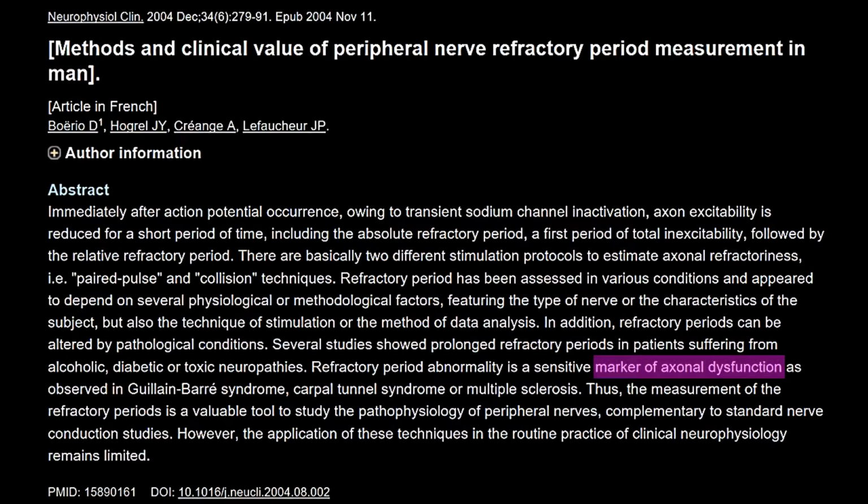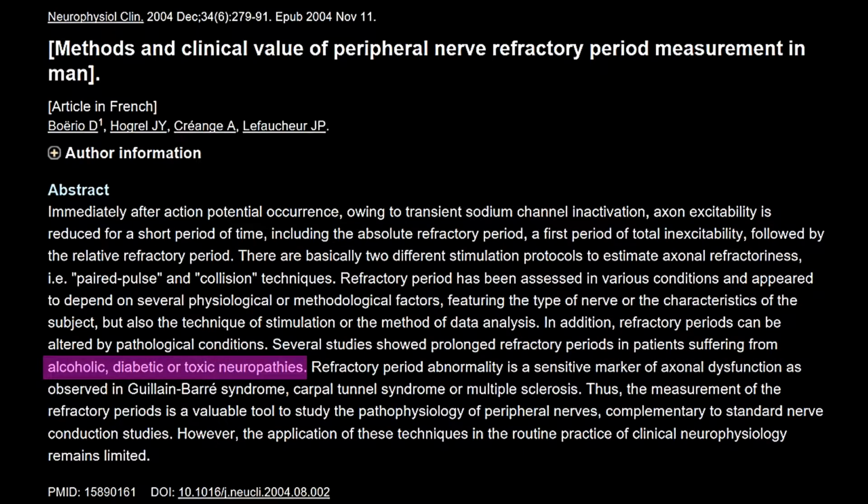The author indicates that refractory period prolongation is a marker of axonal dysfunction, either related to primary axonal injury or secondary to axonal injury due to myelin malfunctioning.